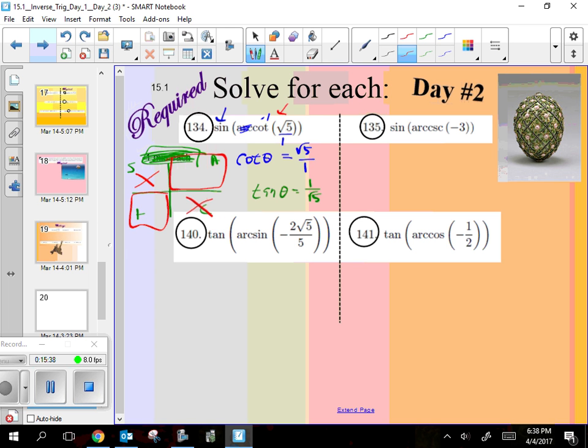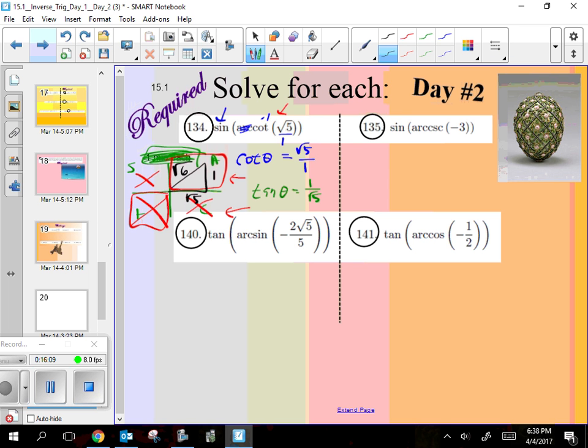Tangent's only allowed in here and here, and nothing goes there. That's no man's land. So I have to draw my triangle in here, and tangent is TOA, opposite over adjacent, and now I can figure out this side. Square root of 5 squared plus 1 squared is square root of 6.